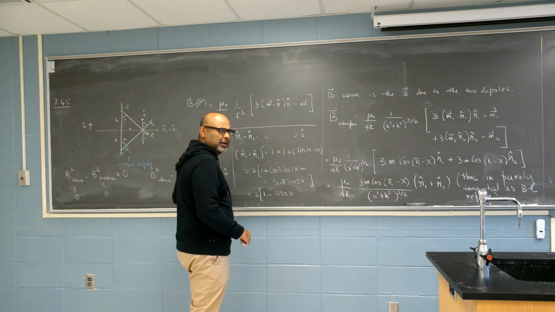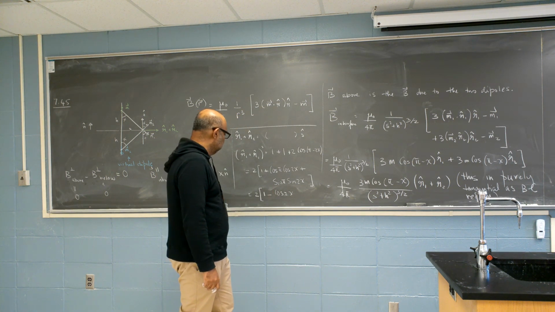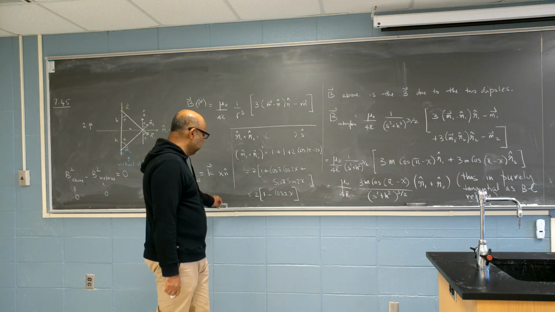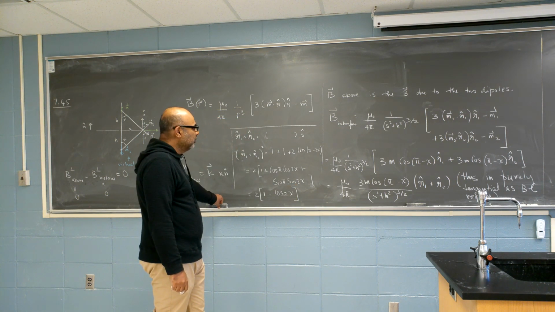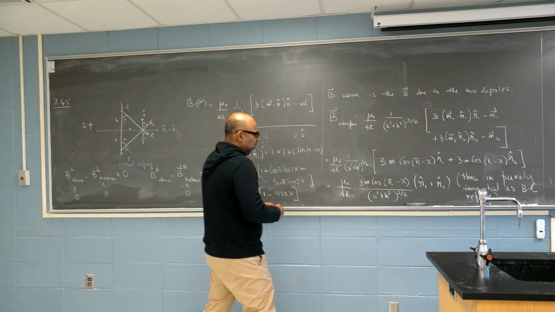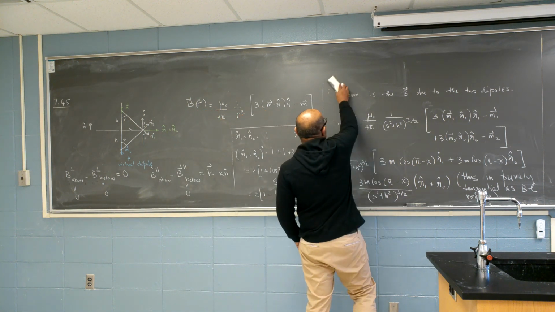What is sine of pi? Oh, maybe it is looking good. What is 1 minus cosine 2 chi? We can use the double angle formula.